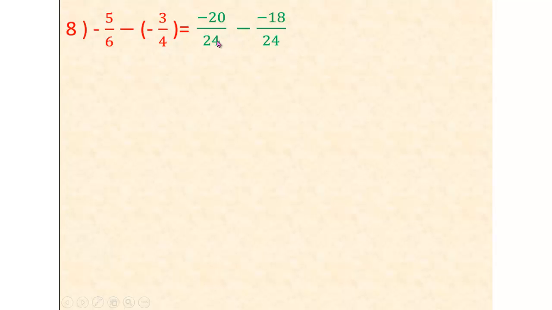Now it's easy, while having two same denominators, to subtract two rational numbers. 24 will remain the same, and my numerator is negative 20 minus negative 18. So it equals negative 2 over 24, and the simplest form is negative 1 over 12. That's great. Let's go now for number 9.